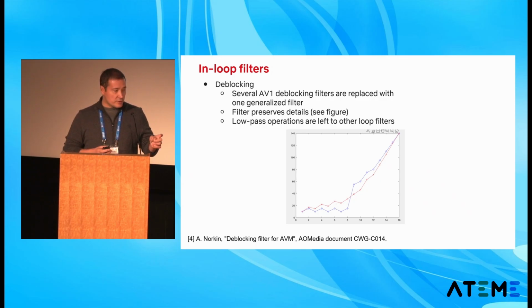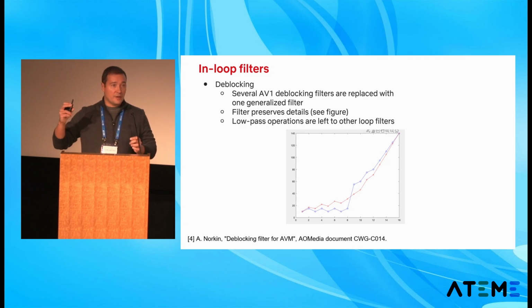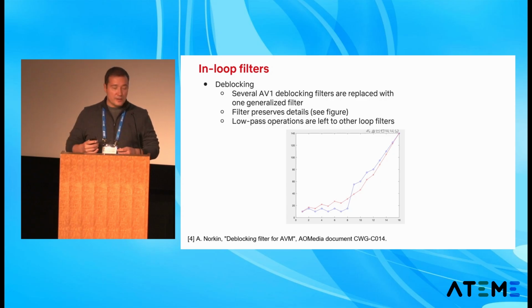So you can see, for example, that the blue line shows you a step, basically a block artifact, and after the deblocking is applied, the red line shows how it would look, and you can see that there is some structure at the sides of the block boundary which is kept there, and these low-pass filtering operations are left to other loop filters, because nowadays in modern codecs we have a lot of loop filters, so you don't need to immediately low-pass starting with the deblocking.